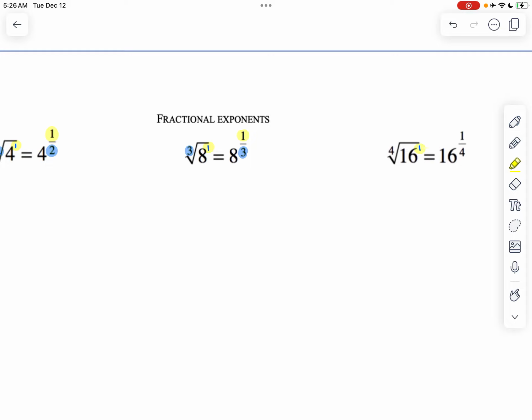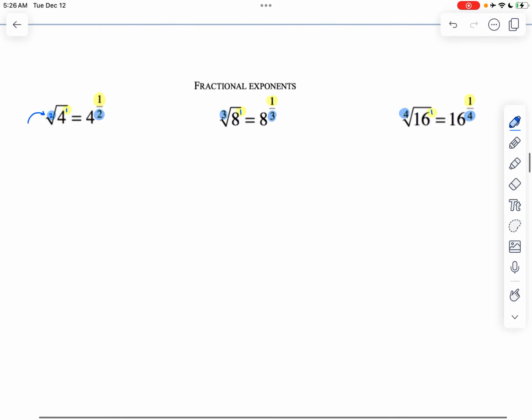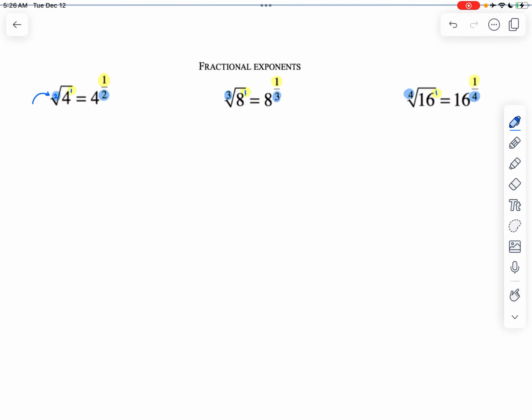So for all 3 of these, what I wanted you to see is that, looking at the radical expression on the left side of the equation, the exponent of the radical term was the numerator of the fractional exponent on the right side.